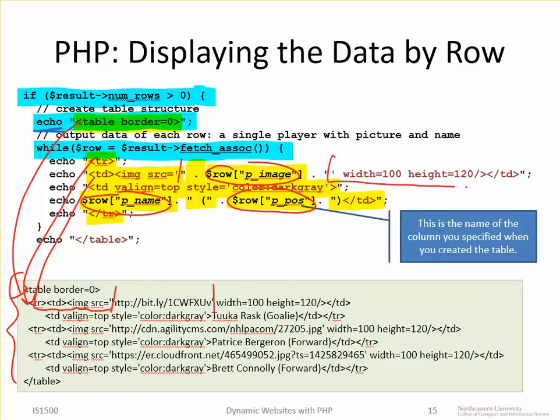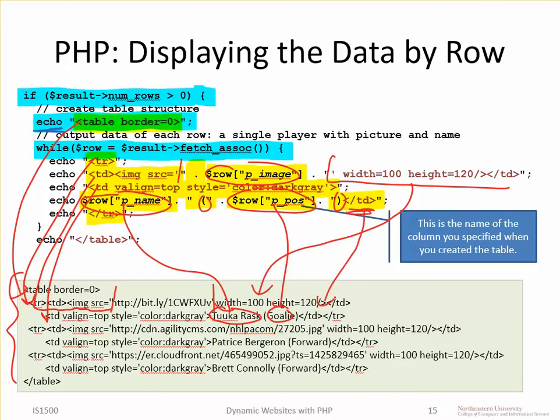And then this part right here is right here. And then the output of the v-align top is right here. And then the name comes from here. Goalie comes from position. The parenthesis is what I output, and then the closing tags right here. And that was one iteration through that loop.